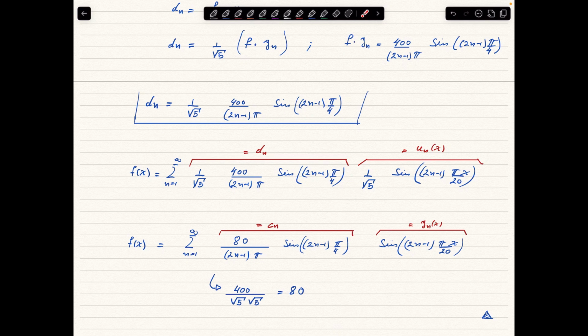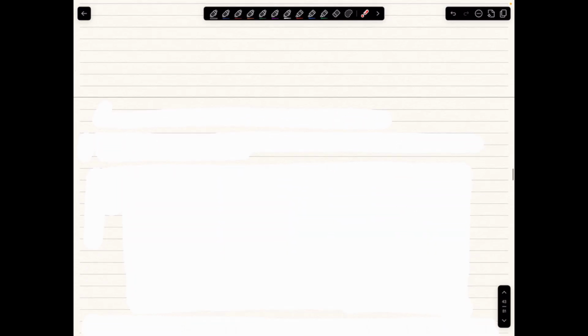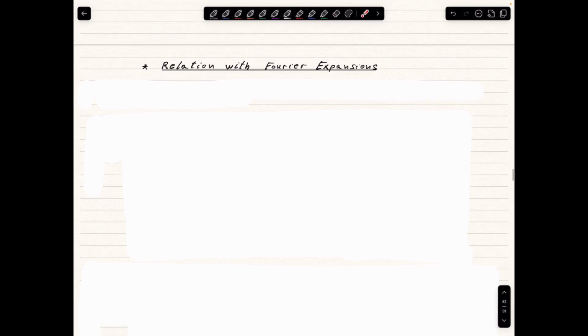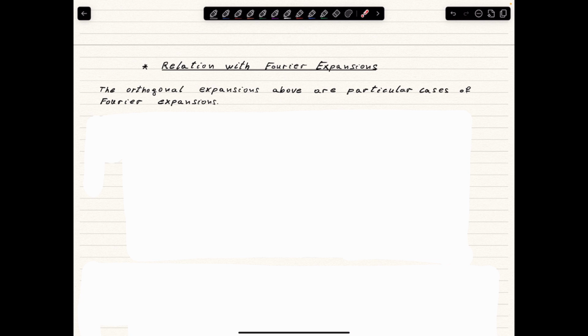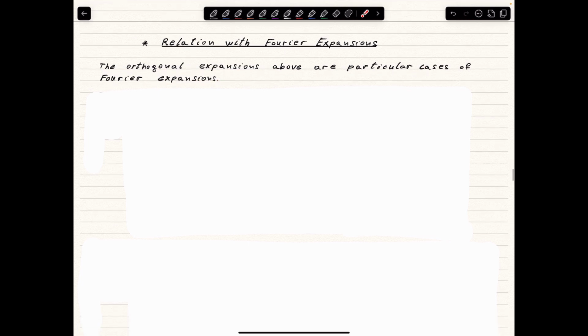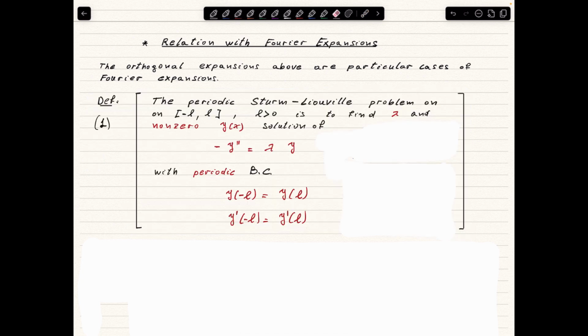We finish this video with a brief comment about the relation between this eigenfunction expansion and the Fourier expansions. We want to remark that the orthogonal expansions above are particular cases of what is called Fourier expansions. So we were working with Fourier expansions already, but the general Fourier expansion comes from a different problem called periodic Sturm-Liouville problems.